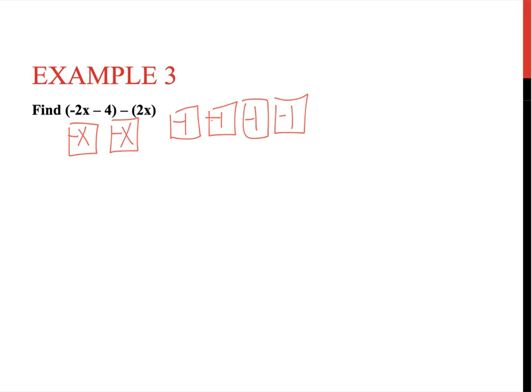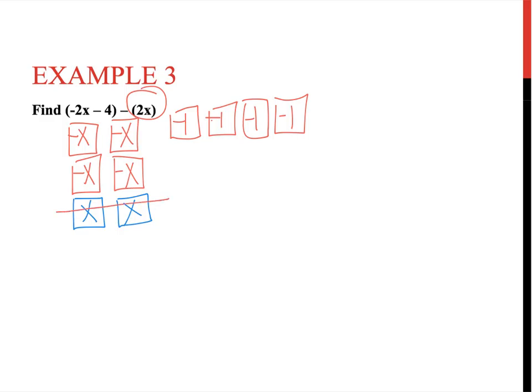Well, there's no positive tiles because we're subtracting a positive 2x. So what we have to do is add 0 pairs. Well, a 0 pair is a negative x and a positive x, and a negative x and a positive x. So now what we can do is we can cross these off. And what do we have left? We have negative 4x minus 4.